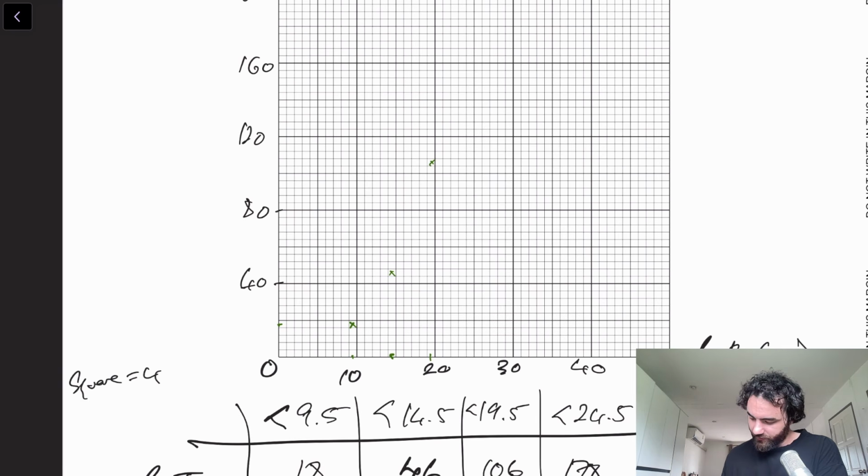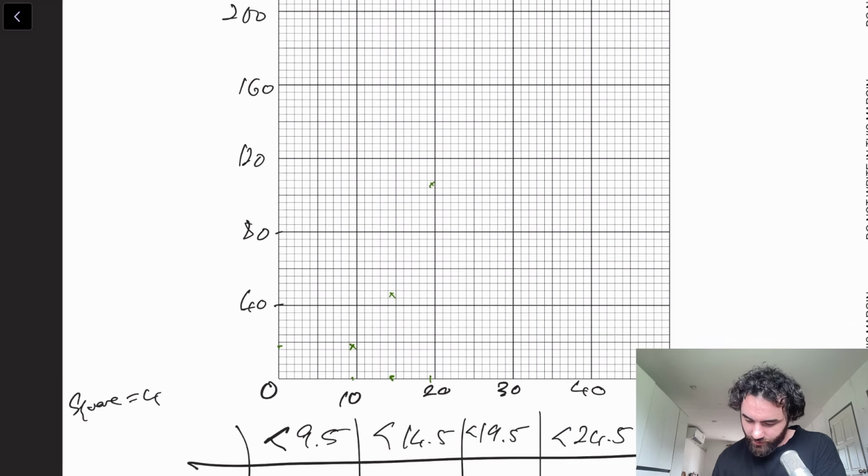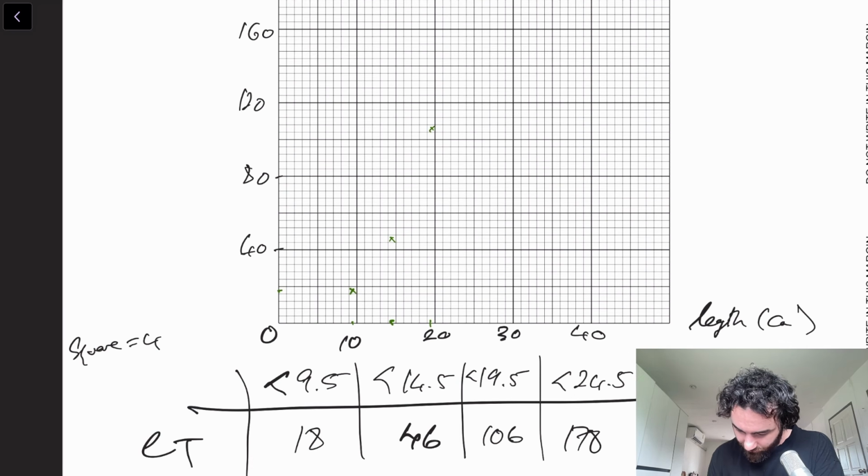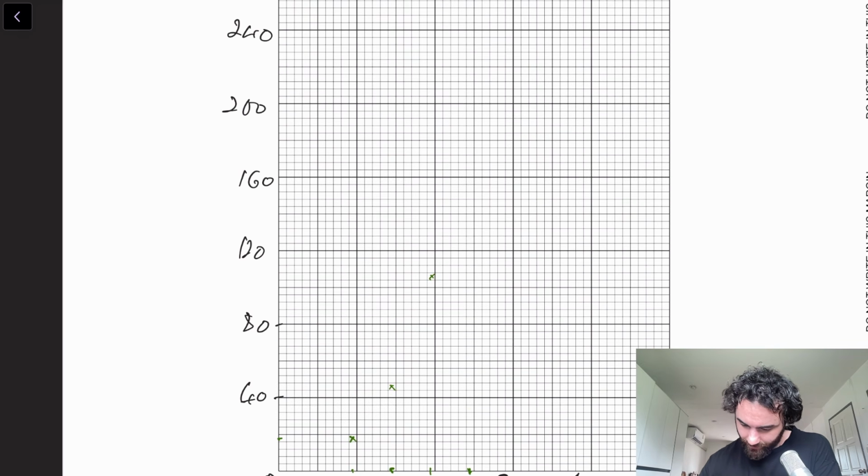And then 178 divided by 4 is 44.5 squares. 24.5 is here in the middle. So then we go 10, 20, 30, 40, 44.5. 44.5 is here.